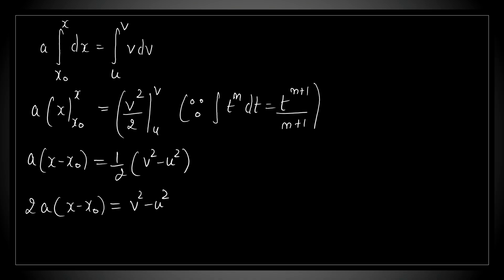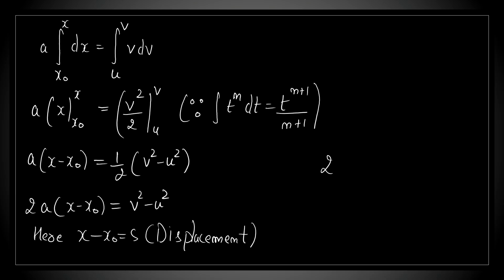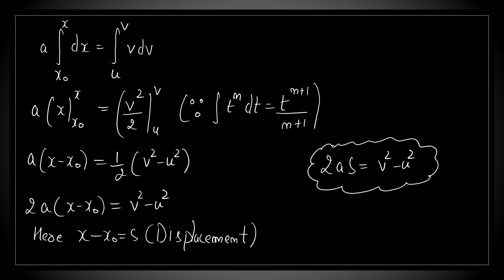Again here x minus x naught is the s, which is displacement, then we get 2as equal to v square minus u square, which is our third equation.